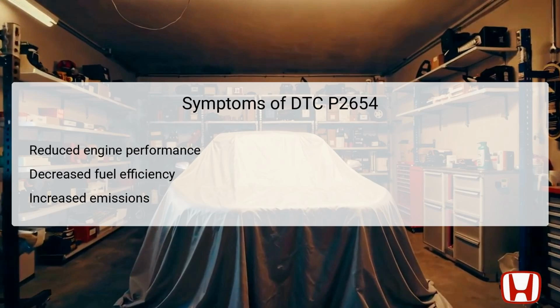An increase in emissions might also occur, as a malfunctioning rocker arm oil control solenoid may lead to more pollutants being expelled. Another possible symptom could include the illumination of the check engine light on the dashboard. These symptoms serve as indicators that immediate attention is necessary to restore normal vehicle function and prevent further complications.